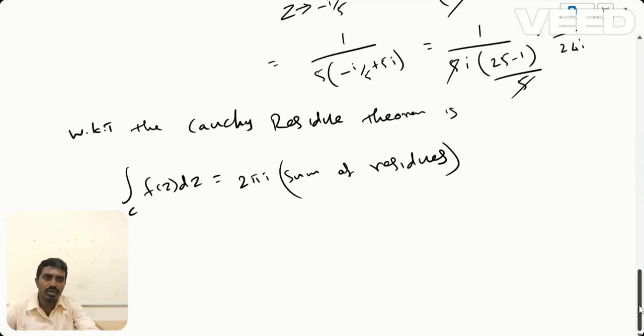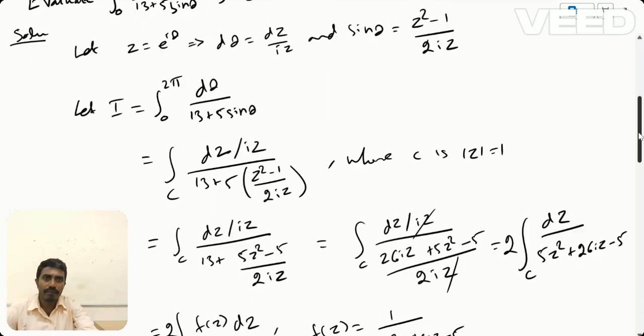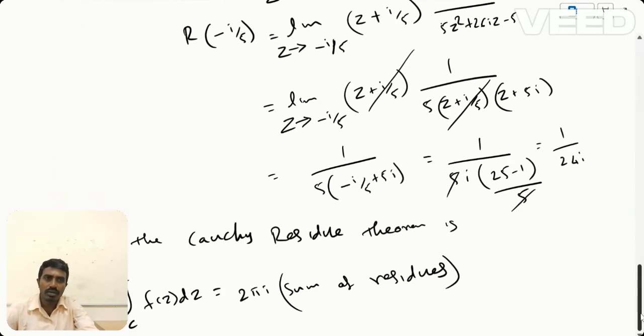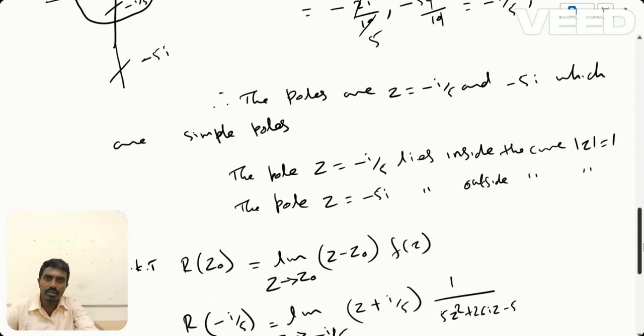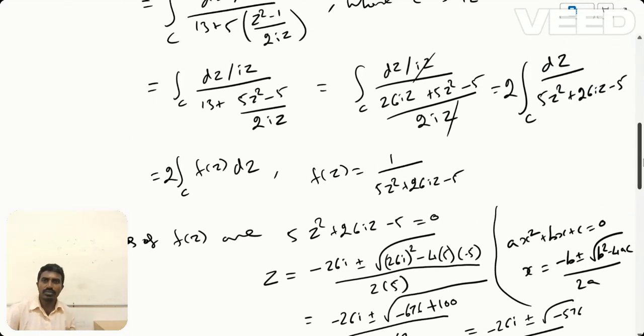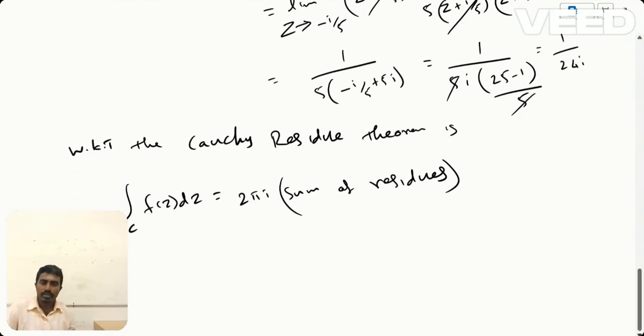Now we need to evaluate the complex integral, this complex integral over C f of z dz. Okay, now we need to evaluate this one. Already 2 is multiplied. So now I will become I equal to 2 times.